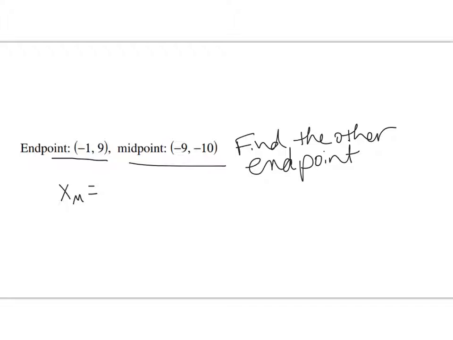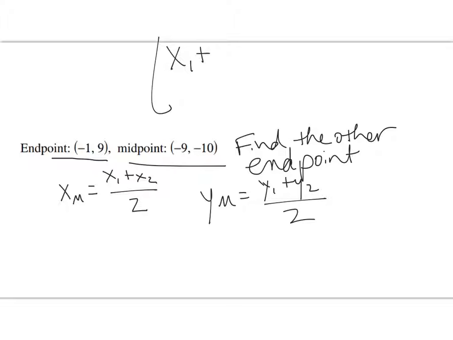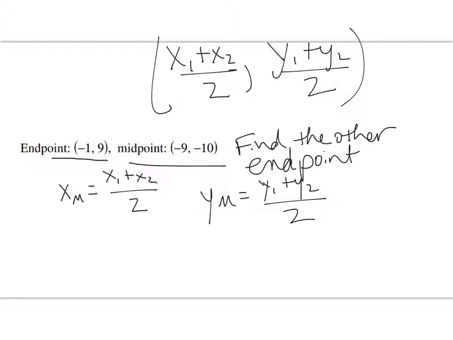So the x of the midpoint is your x1 plus your x2 over 2. The y of the midpoint is your y1 plus y2 over 2. So it's the same formula as this, we're just making it more into an equation now.